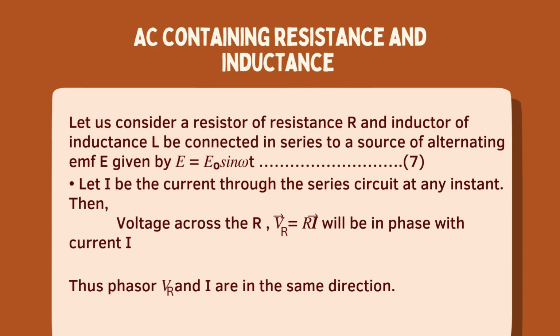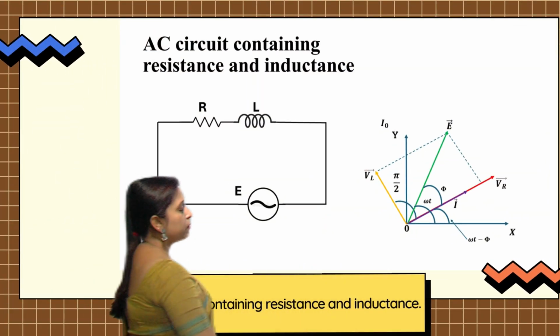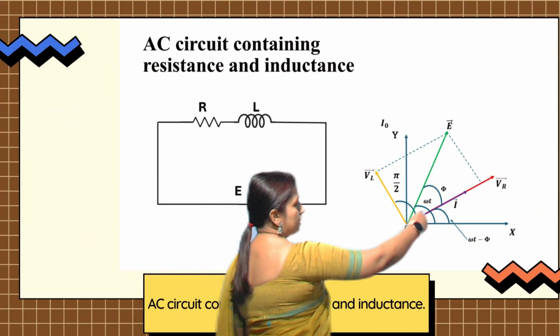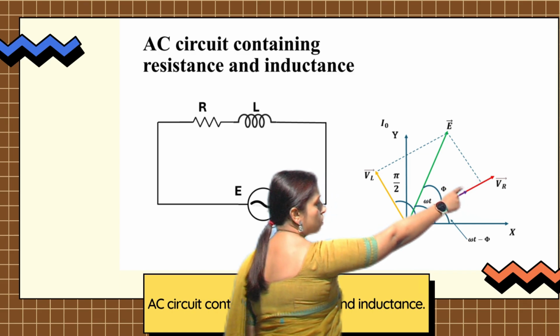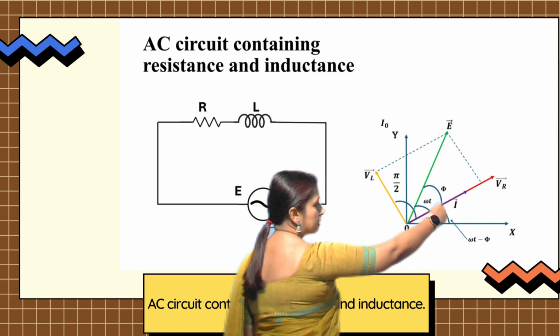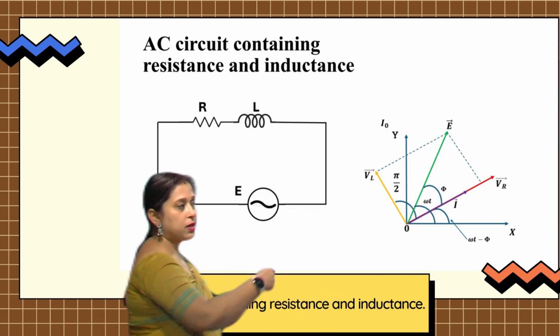Similar to that, in the part for the resistor, the voltage will be in phase with current. Thus, the phasor V_R and the current I are in the same direction. So here you can see in the figure the phasor V_R, that is the voltage drop across the resistor, and the current, they are in the same direction.